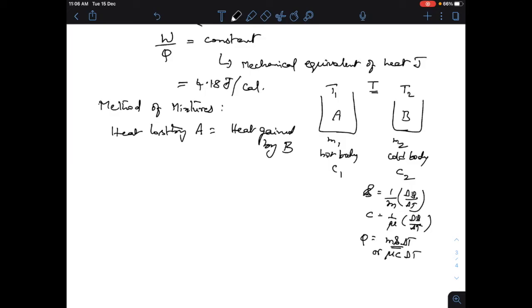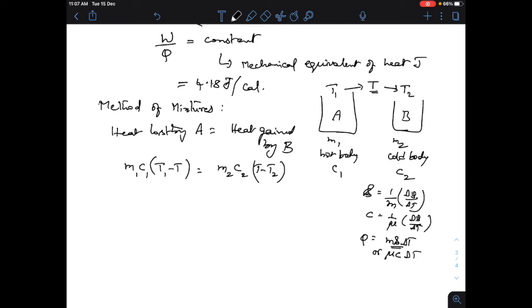I will write m1 C1 (T1 minus T) for the hot body, and m2 C2 (T minus T2) for the cold body, where these are the changes in temperature.